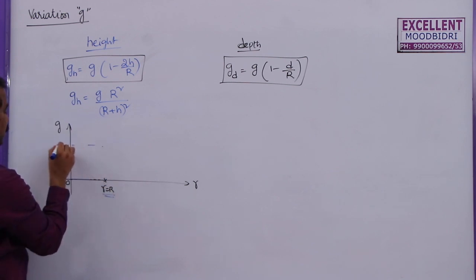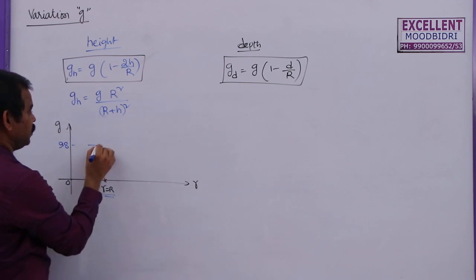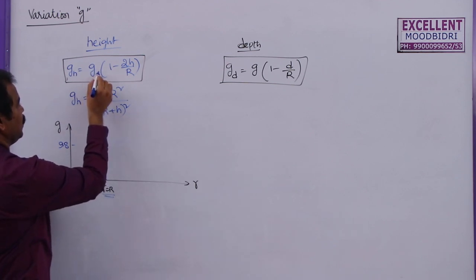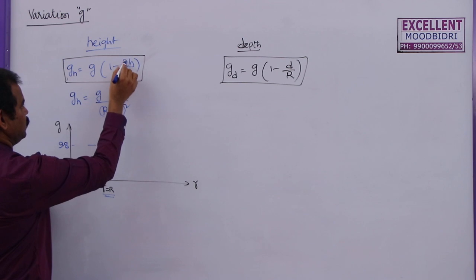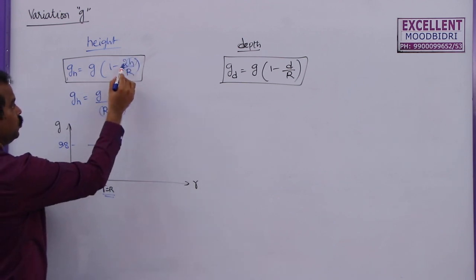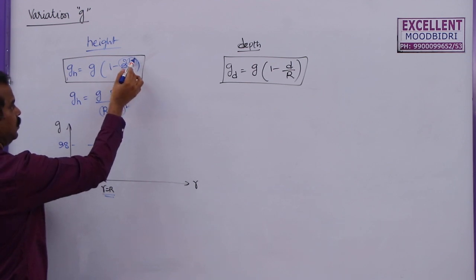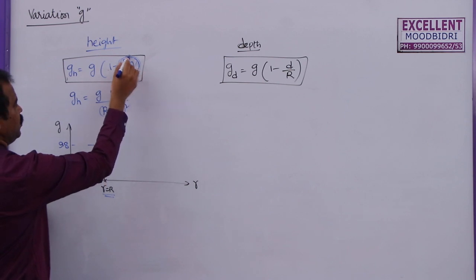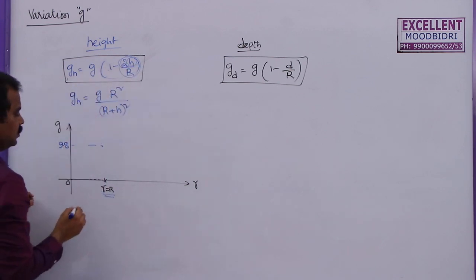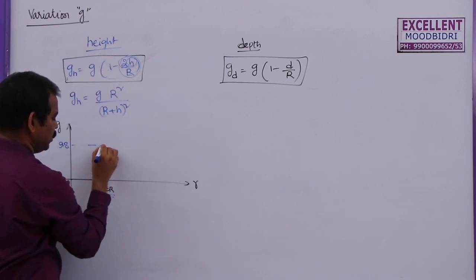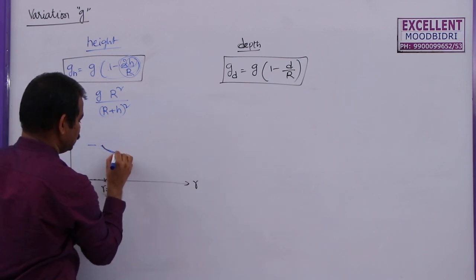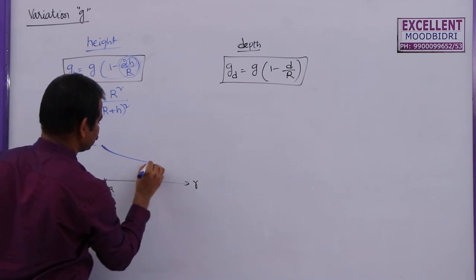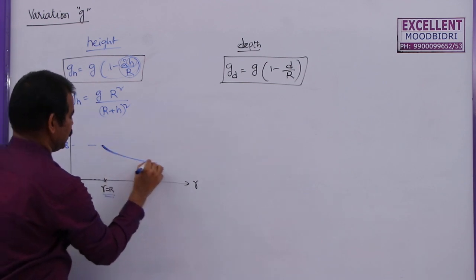Let us say this is 9.8 meter per second square. After that, as height gradually increases, the 2h value increases, and since R is constant, 1 minus 2h by R decreases. Small g decreases here. So slowly this value decreases like this. So this is the curve here.